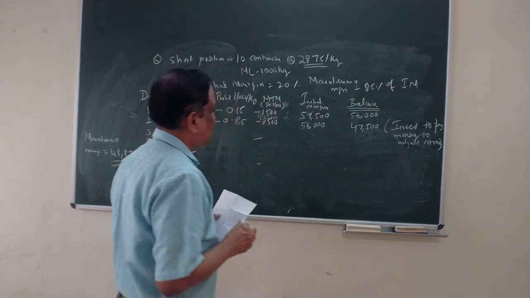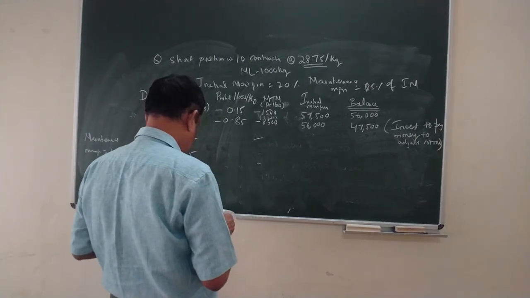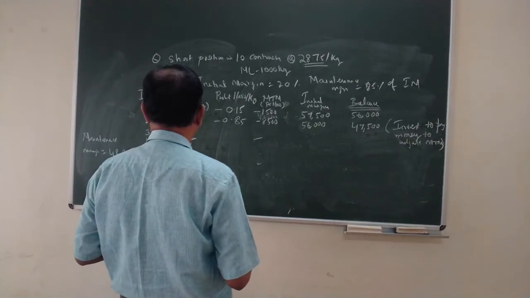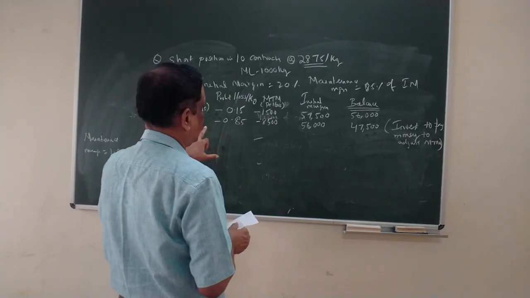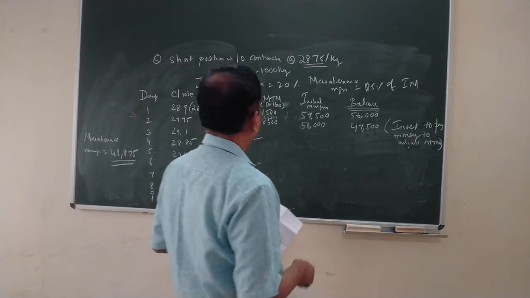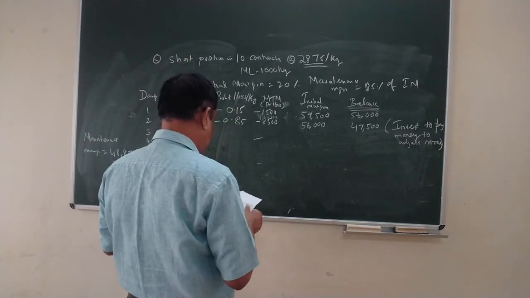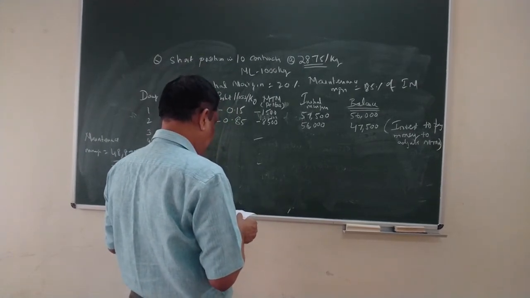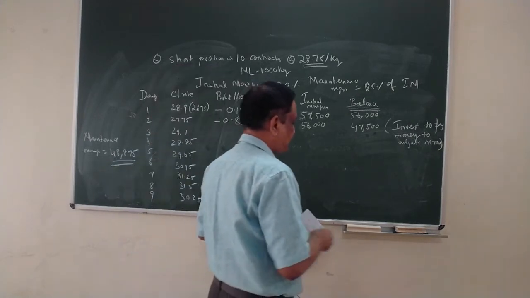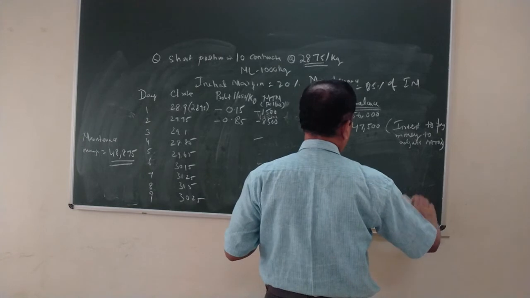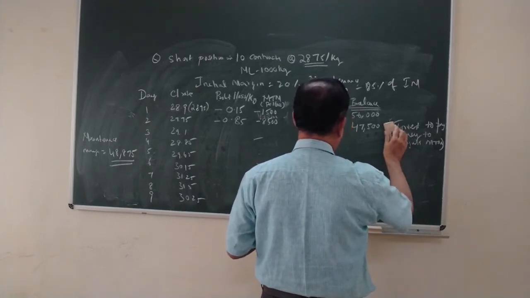And the next day it is 29.1. The initial margin is 57,500.